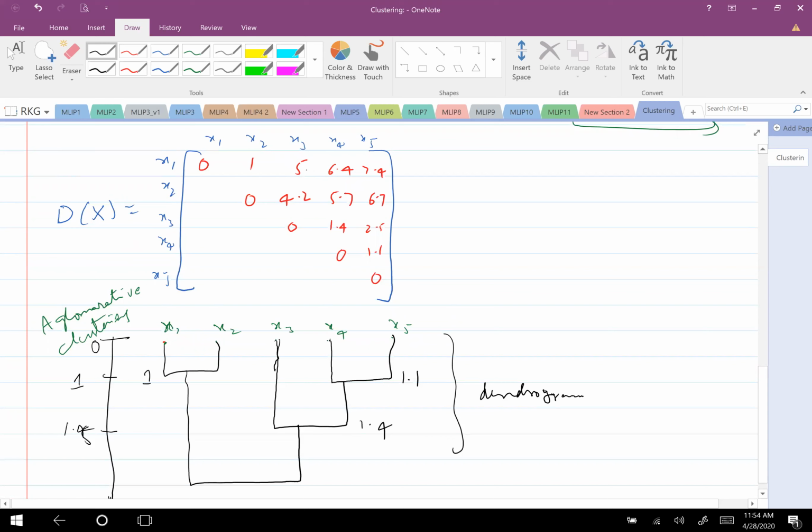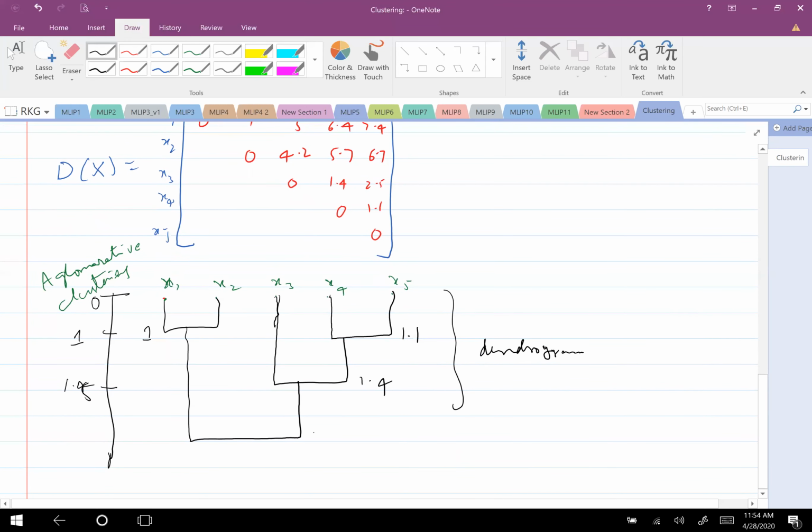And X1 can be grouped with X3, X4 and X5 with a minimum distance of 5. Among X1, X2, X2 can be grouped with minimum distance, that is 4.2, right?